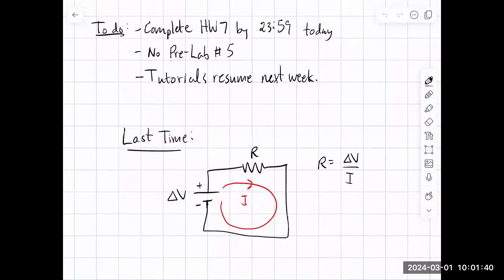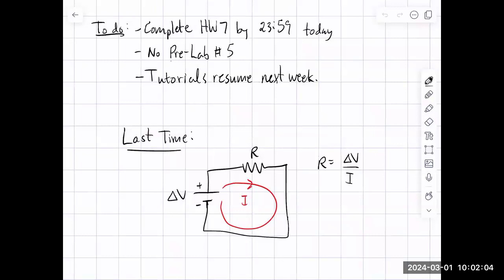The reason is because if you have a difference in voltage, that means you have an electric field between those 2 points. And if you have an electric field and some free charge, that charge will experience force due to that electric field. If it's a positive charge, it'll move in the direction of the electric field. If it's a negative charge, it'll go in the opposite direction.